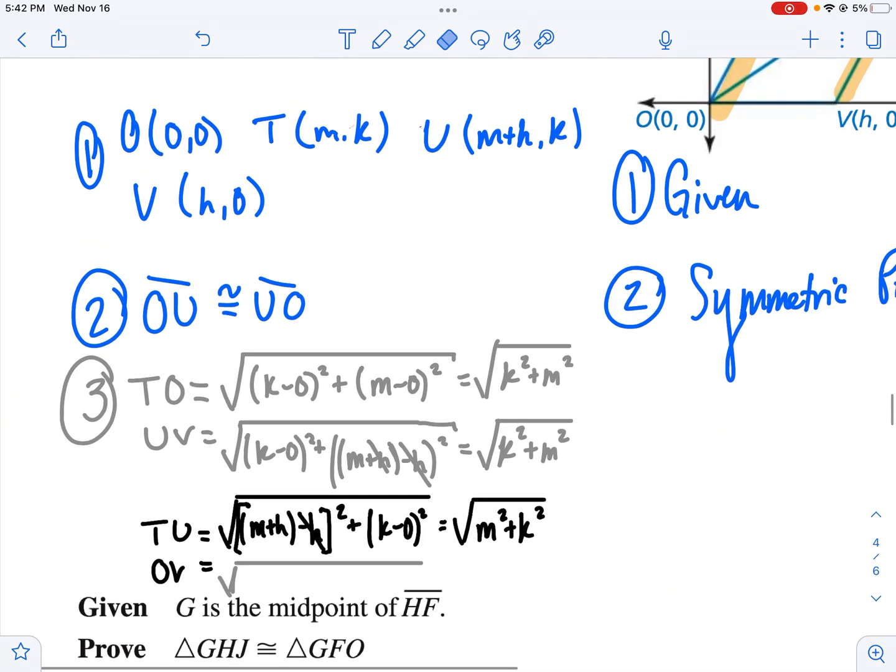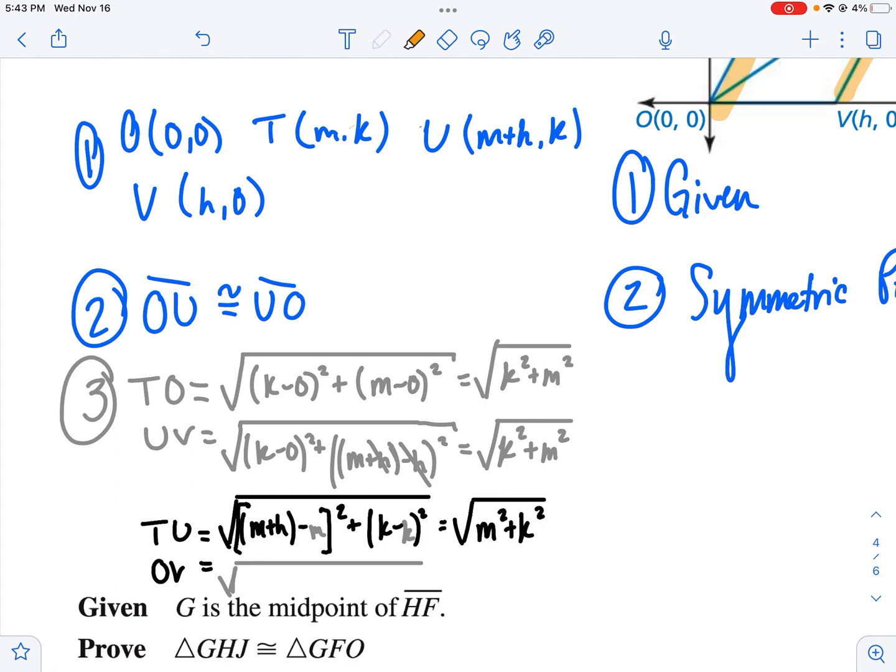I'm sorry, I made a mistake. For TU, it's m plus h minus m, and k minus k. My goodness. This is why you don't do things on live television.